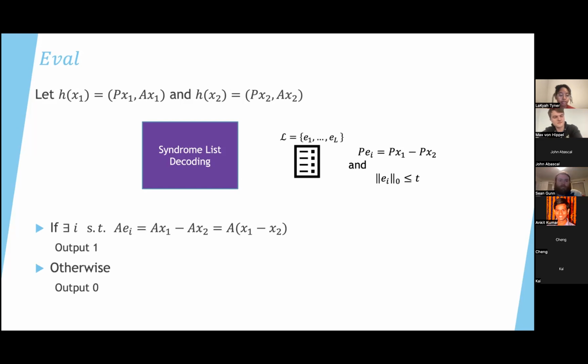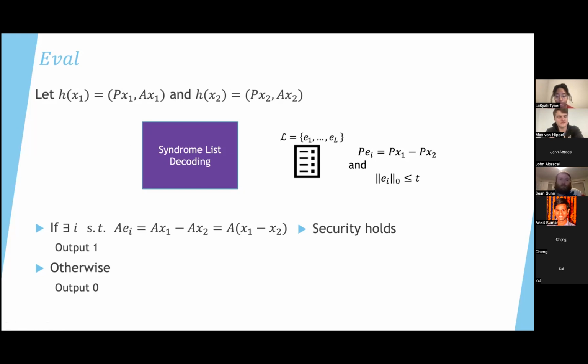Otherwise, we output 0. The idea behind this evaluation method is that we're treating the difference between the X1 and X2 vectors as the error that we're trying to recover using the difference between their two syndromes.